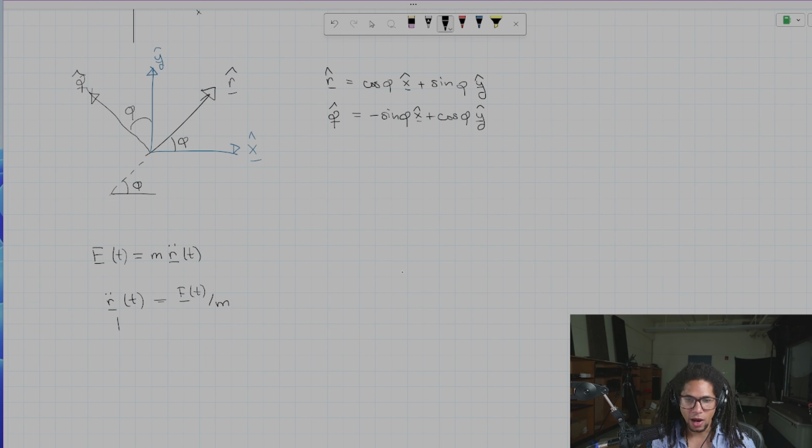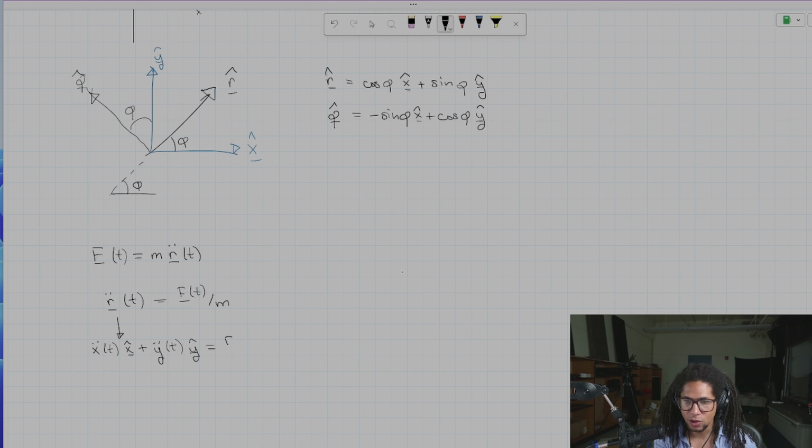Okay, now I'm going to rewrite this left-hand side in terms of basis vectors, and I'll do it in the Cartesian system. So I'll call the x component of this trajectory just x. So we'll have x double dot of t times x hat, and then y double dot of t times y hat.